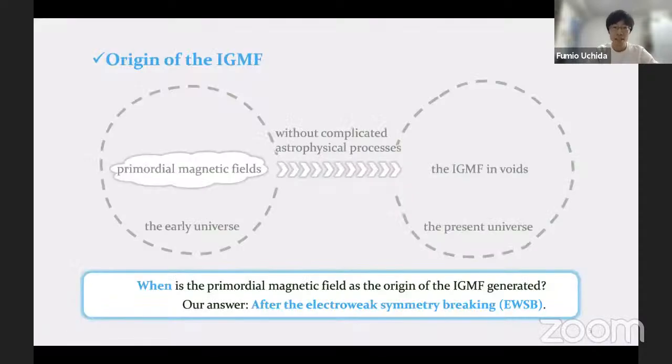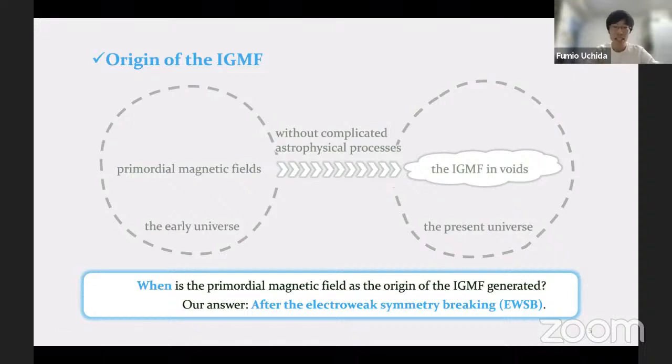Now let's see what is interesting about the IGMF. Since astrophysical processes, which are very complicated, do not affect the evolution of the IGMF in voids so much, the origin of the IGMF would be in the very early universe, and we can extract the information of the early universe from the observed properties of the IGMF.